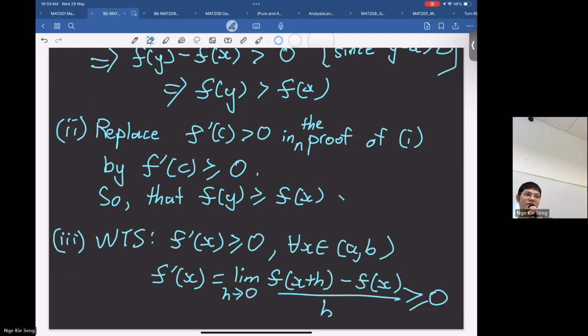So how? Any idea? Two minutes we have to run. But we have to show that this limit here is greater or equal to 0.